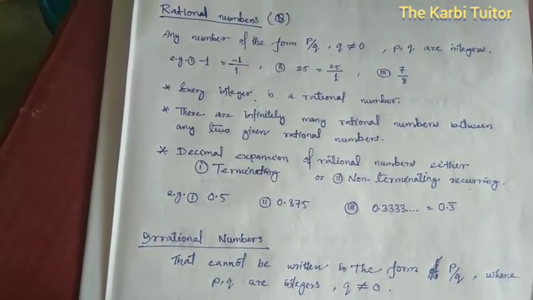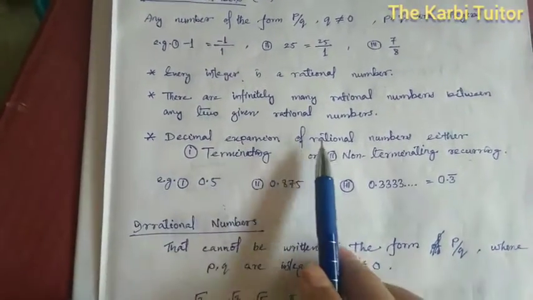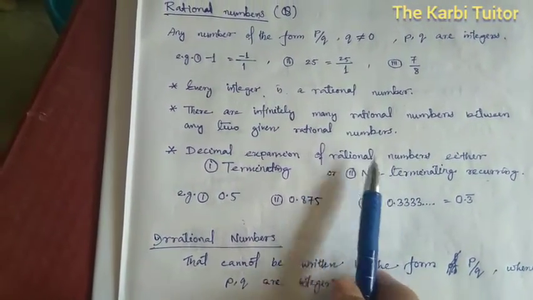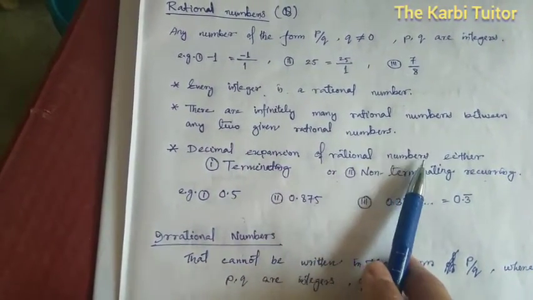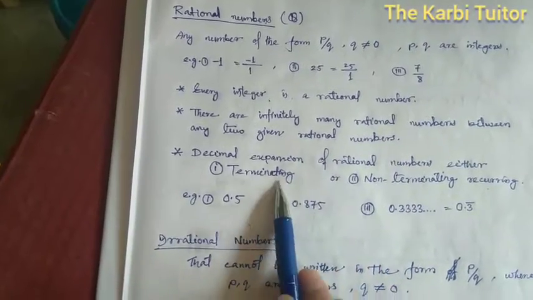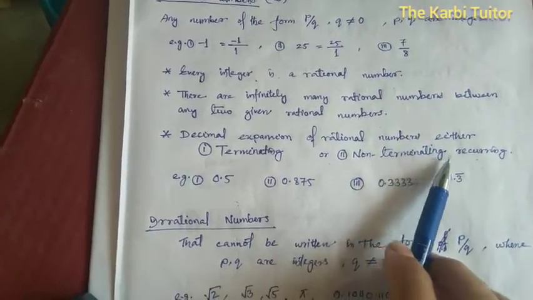The next one: decimal expansion of rational numbers are either terminating or non-terminating recurring.